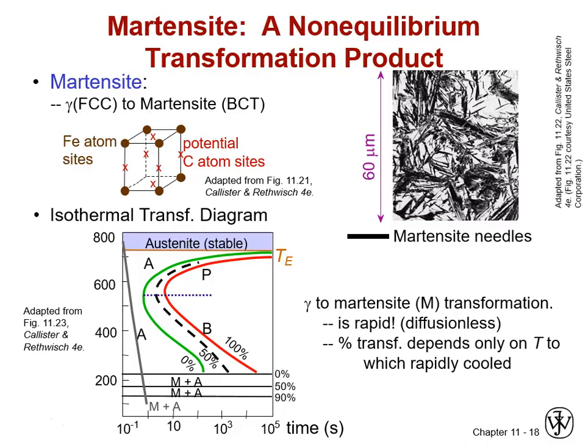So we are not going to give time to form pearlite. We're not going to give time to form bainite, which is the rapid transformation analog to pearlite, but still equilibrium. We're not going to form anything except martensite.